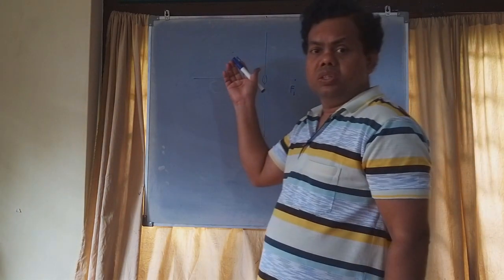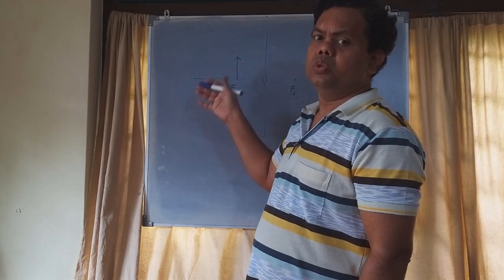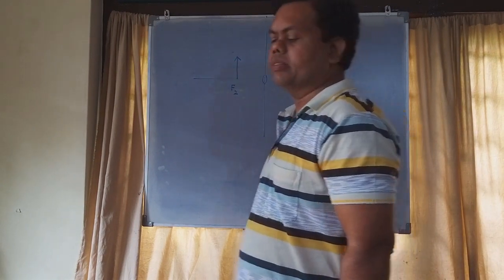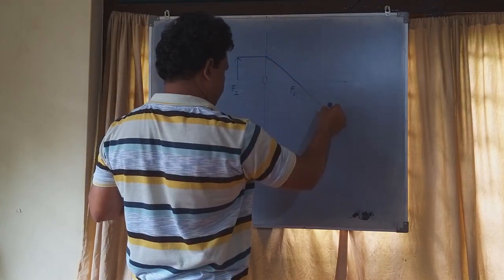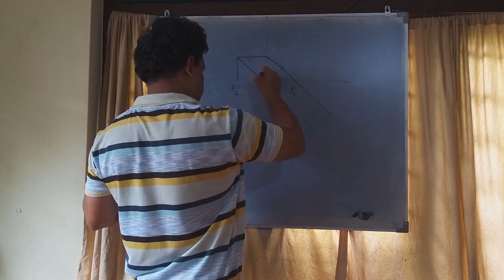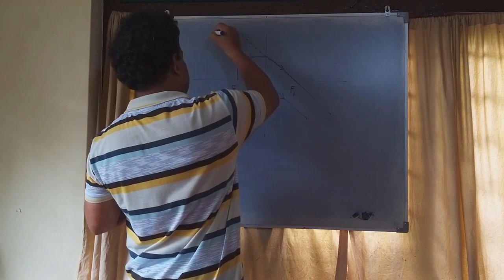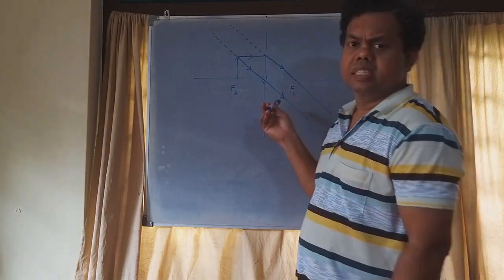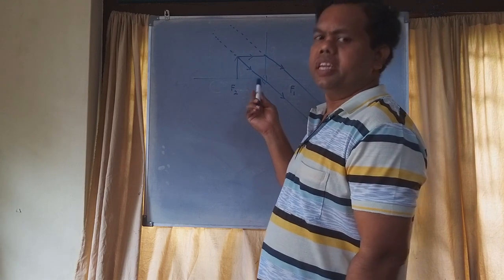When the object is on the secondary focus, or object distance u equals focal length f, refracted rays are parallel to each other, therefore the image is formed at infinity.